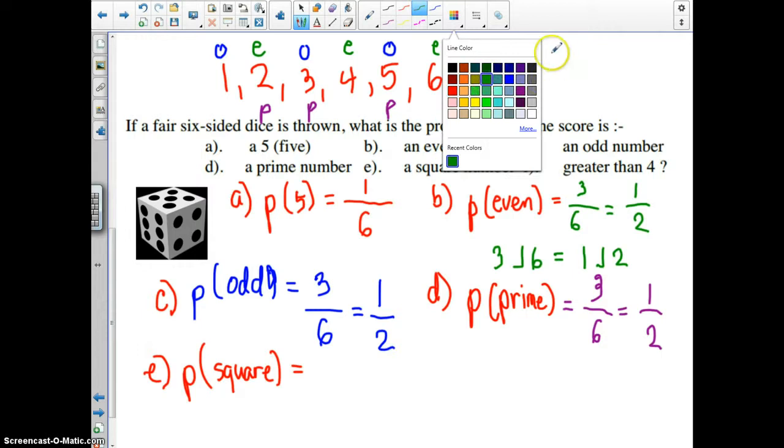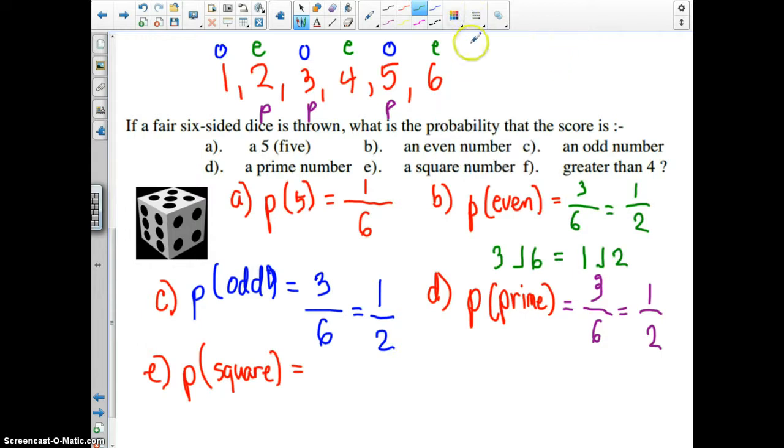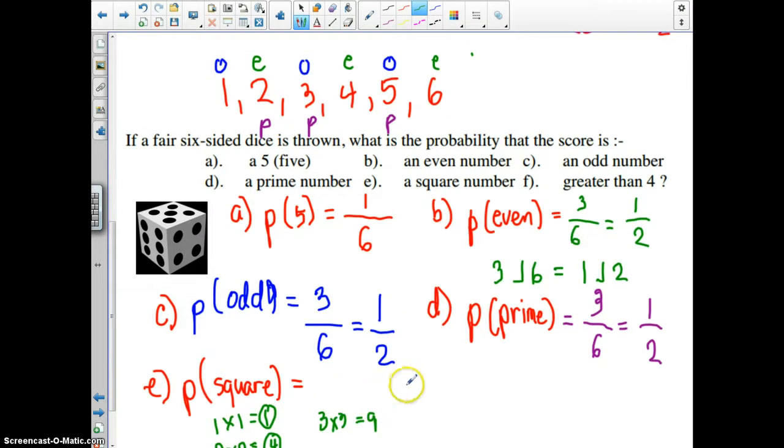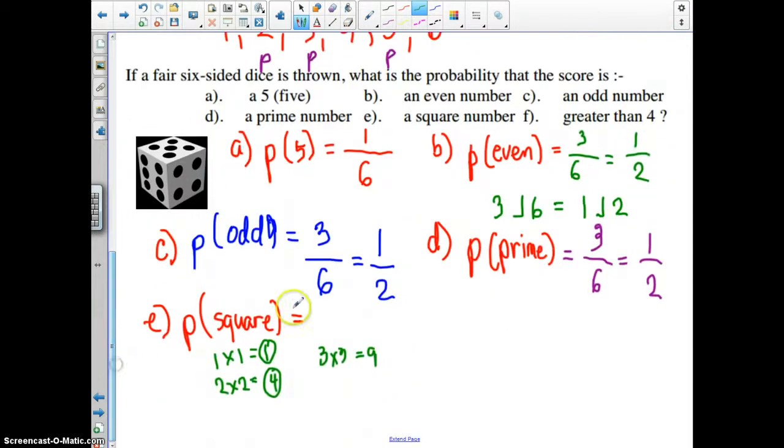So for example, 1 times 1, 1 is a square number. 2 times 2, 4 is a square number. 3 times 3, 9 is a square number. So the answers when you multiply a number by itself are square numbers.